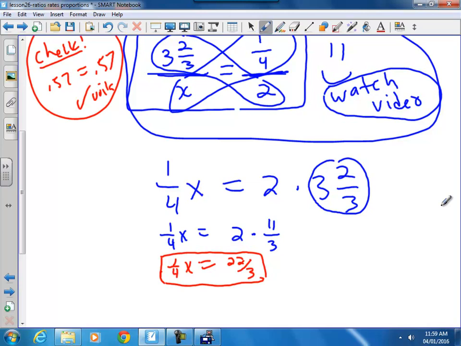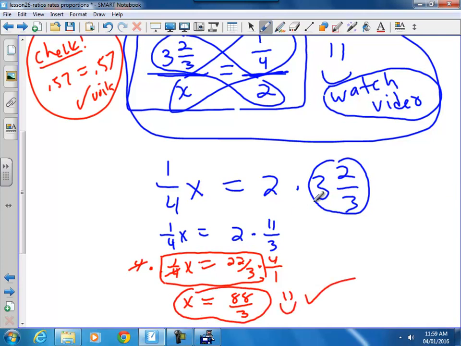Or you could say dividing by 1/4 means multiply by 4. So you could multiply both sides by the reciprocal of a fourth, which is 4/1. So in the end, x equals 88/3. So final answer to that one, 88/3. Never fear the fractions. We know how to deal with fractions. That shouldn't be a problem.